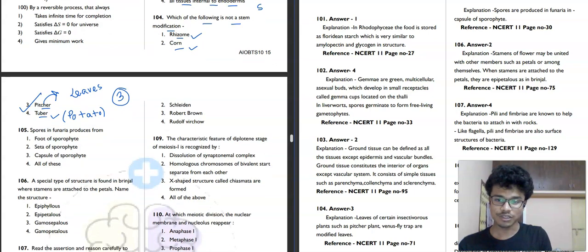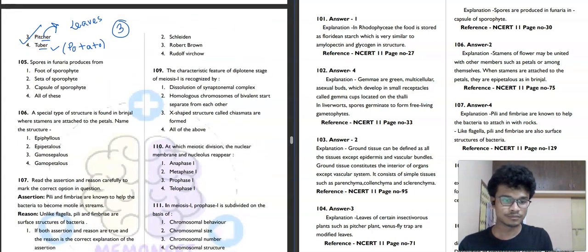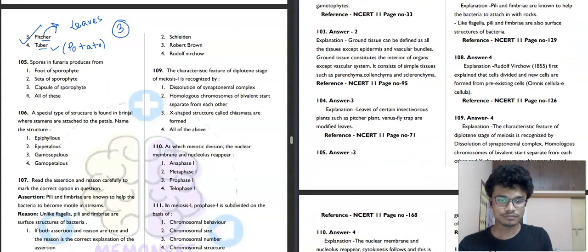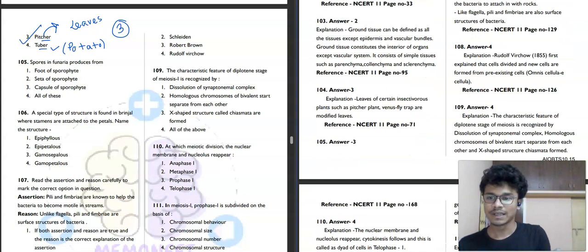Moving towards the next question, 105. It says spores in Funaria are produced from the foot of the sporophyte, seta of the sporophyte, capsule of the sporophyte, or all of these.